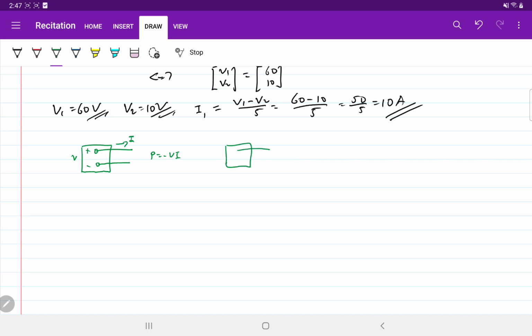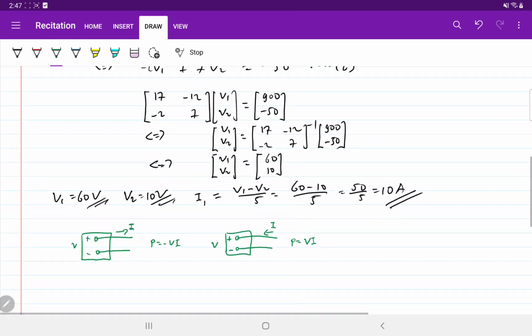But if the current is going in, then the power is VI, meaning that this unit here is consuming power or dissipating power.